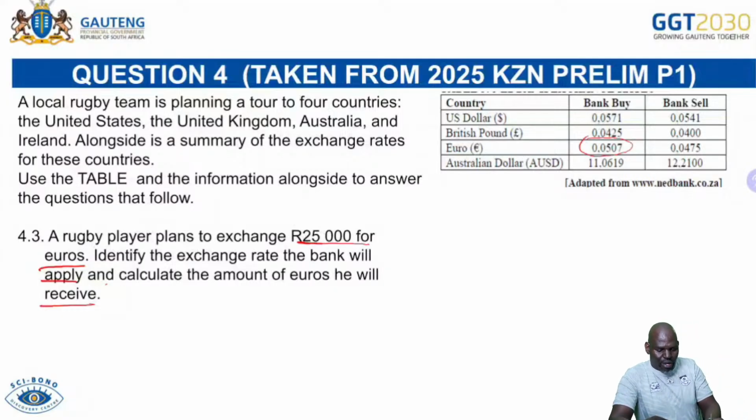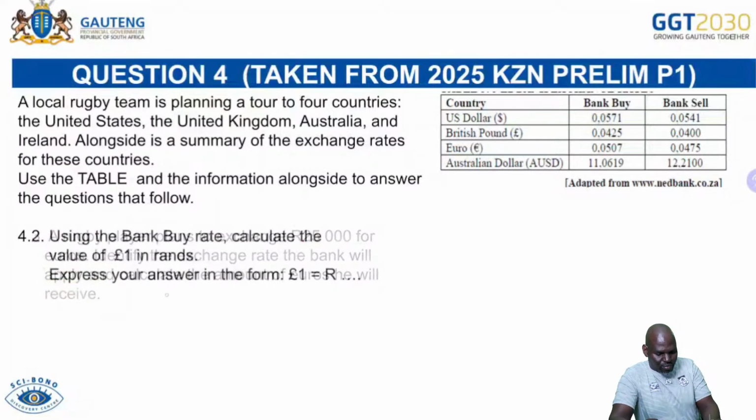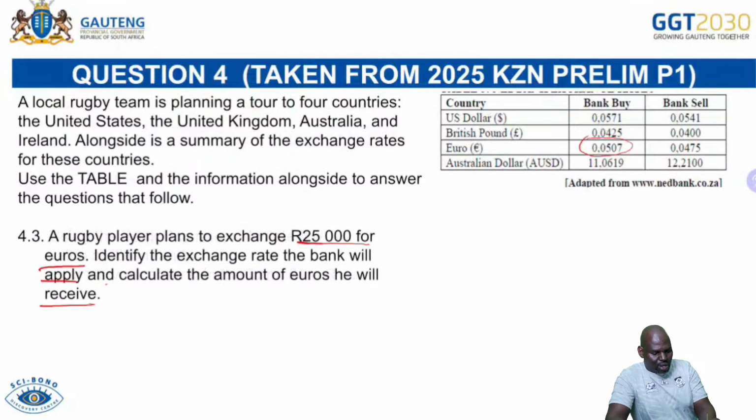So for this one, we've got the following. We know that 0,0507 euros is equal to 1 rand.